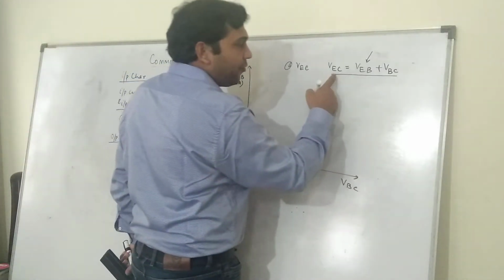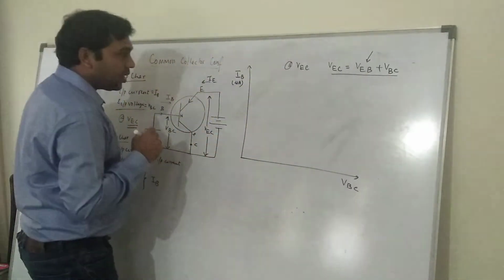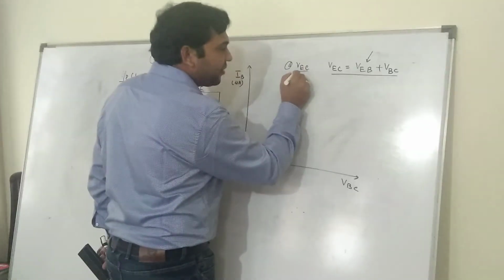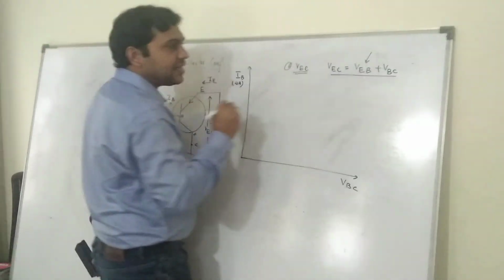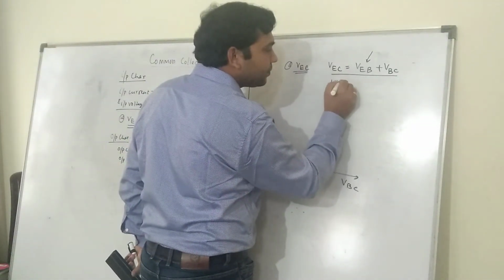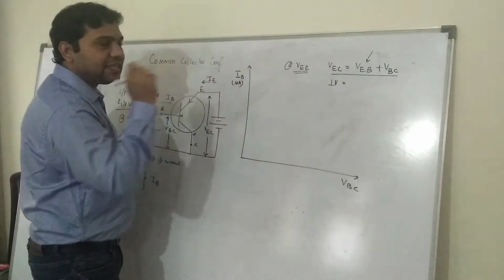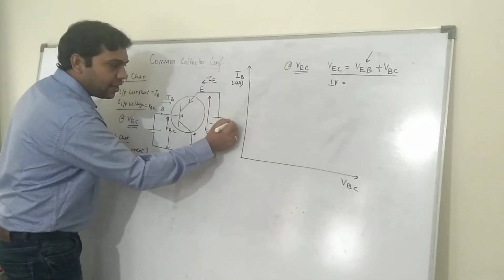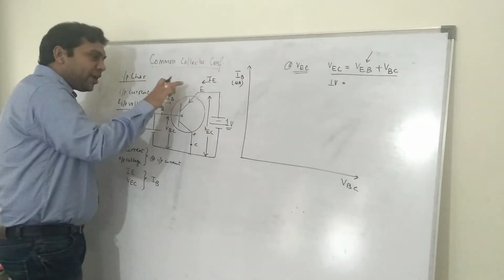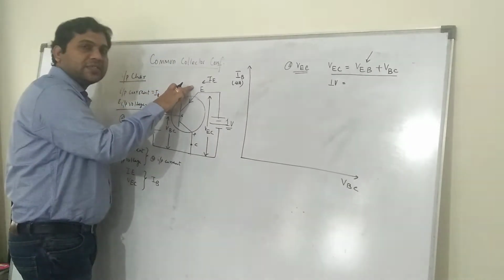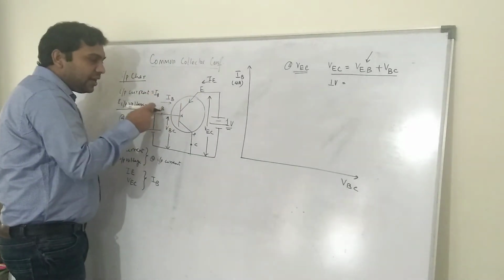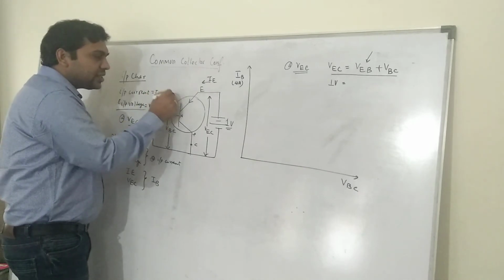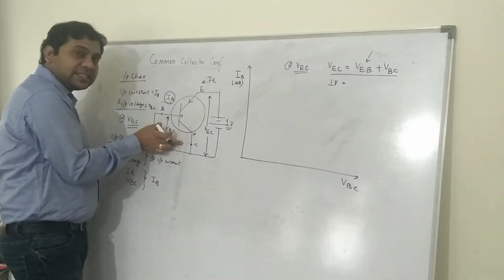Basically we are plotting IB versus VEB in a different way. Because we need to draw at constant VEC, let's say VEC is 1 volt. We have fixed this battery at 1 volt. So we have to find out what is the emitter to base voltage. Then only we can decide IB, because IB is going to be decided by VEB, not by VBC.